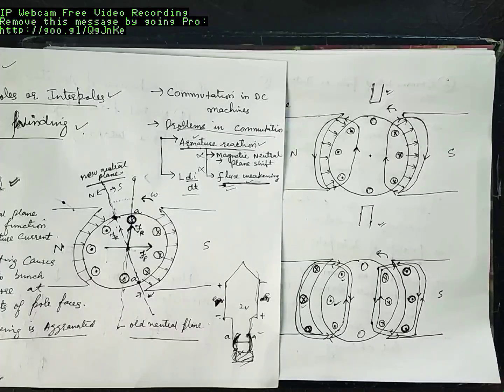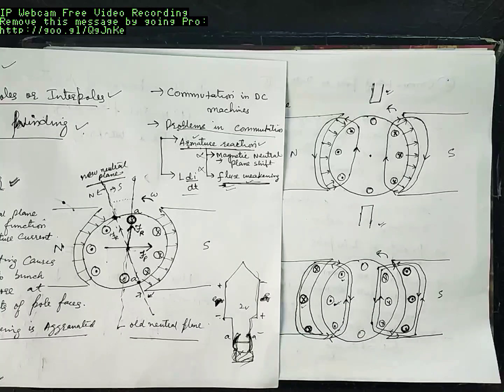Are you getting me? What I mean to say here is, we connect the compensating windings in series with the armature, so that when armature current increases, which increases the armature reaction, that also increases the flux in the compensating windings, or the magnetic field of compensating windings, which exactly cancels the armature reaction.